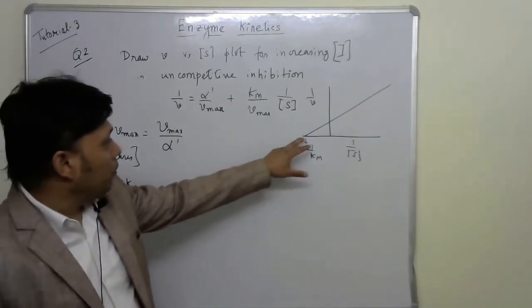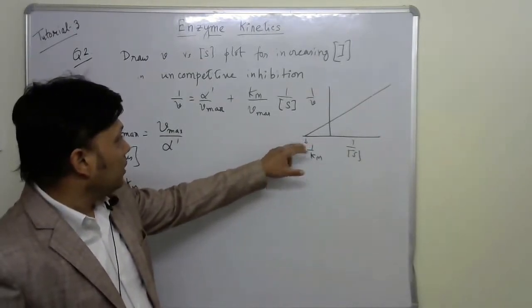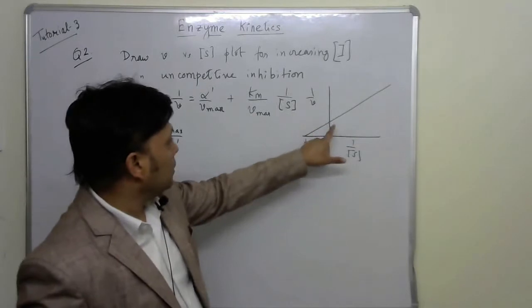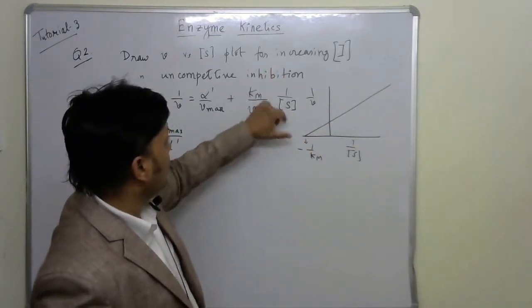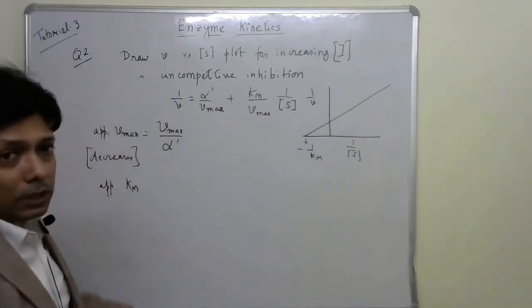So you will reach this value whenever the 1 over velocity value becomes 0. So we have to find the value of 1 over S for 1 over V equal to 0.